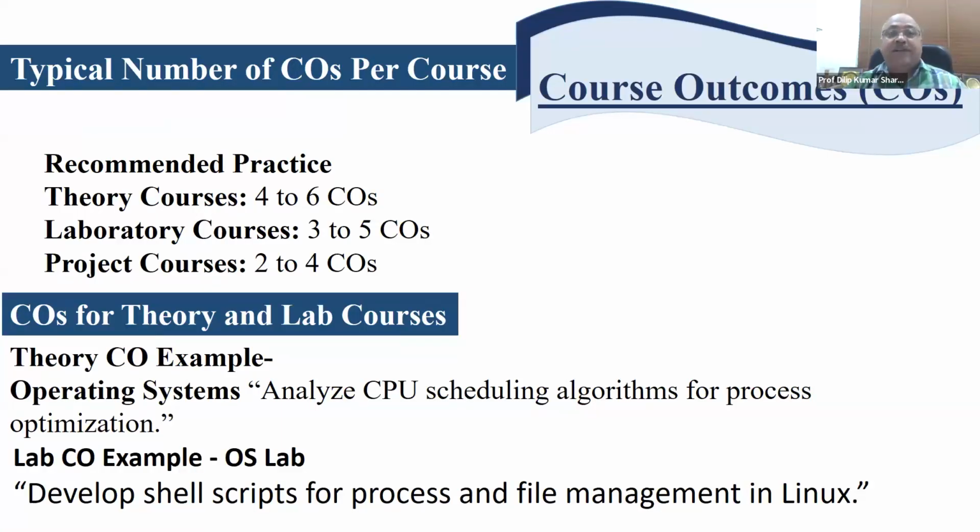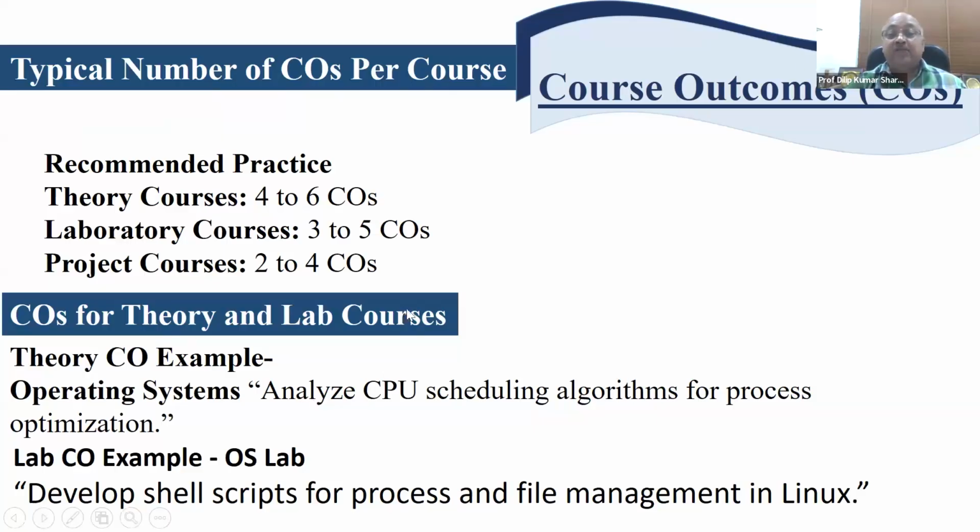Now, the typical number of course outcomes. I have already told you, generally we have 4 to 6 course outcomes. For laboratory courses, we have 3 to 5 course outcomes. For project courses also, we have 2 to 4 course outcomes, and please, they should cover the whole course.